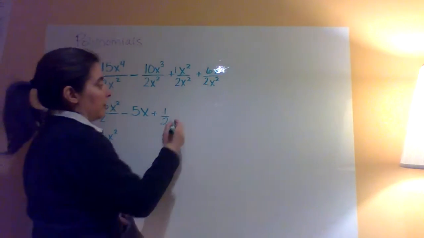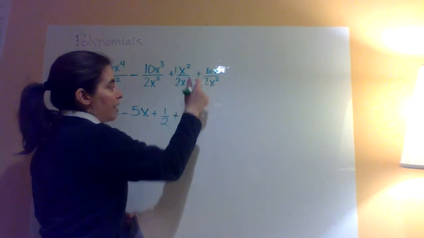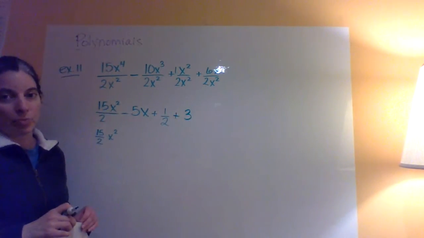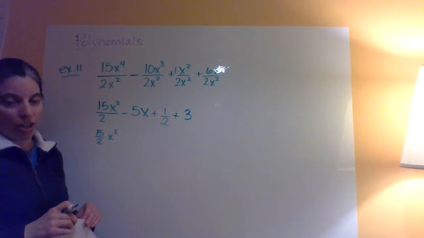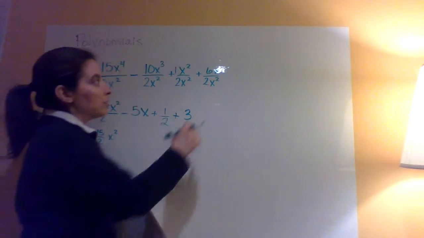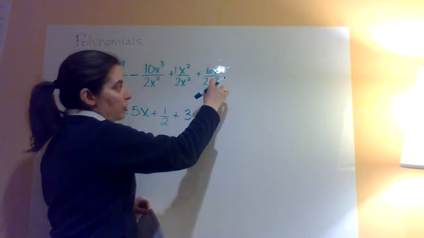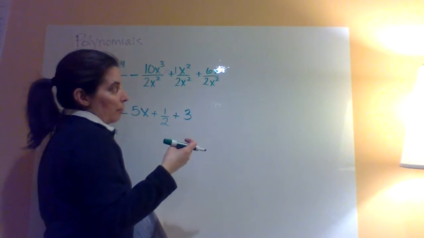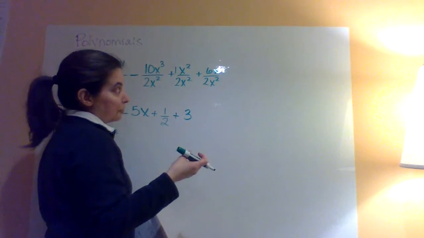Now let's go to the last one. 6 divided by 2 is 3. Look at what we have for our exponents here. This is the part that gets a little crazy, okay? I have x right here and x squared here. Well, think about my exponent rules.